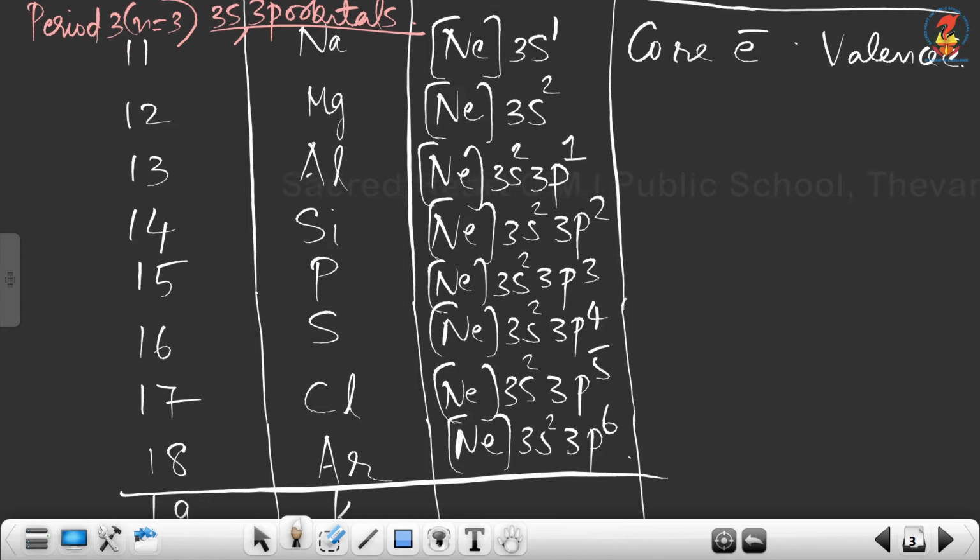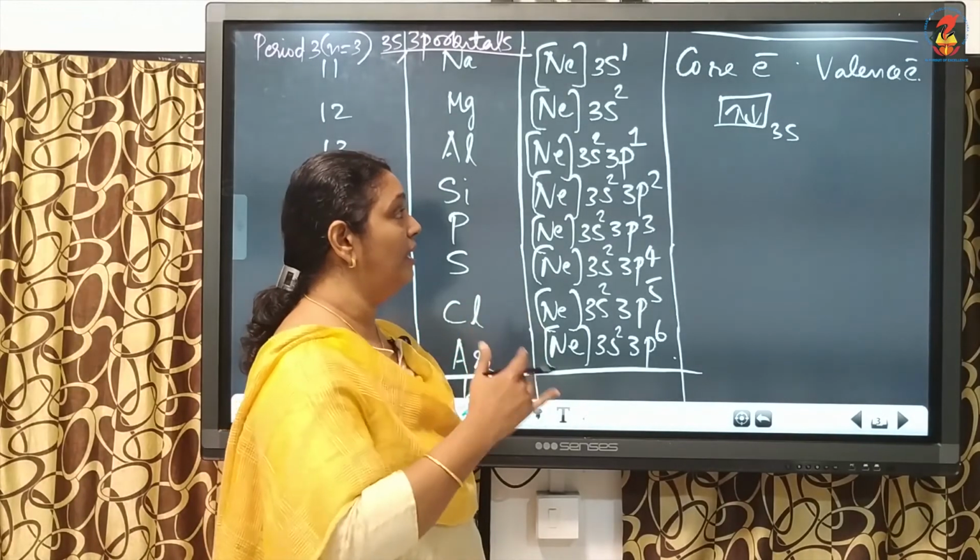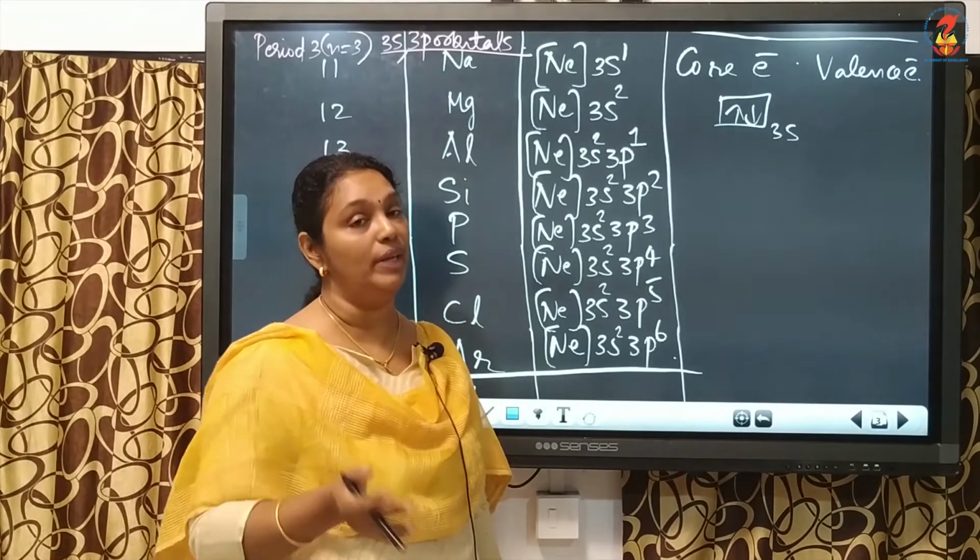When you draw the orbital diagram, you just have to draw the outer orbitals. For magnesium, you need to draw only the 3s2 orbital and name it 3s, because we know before this we have 1s, 2s, 2p completely filled.